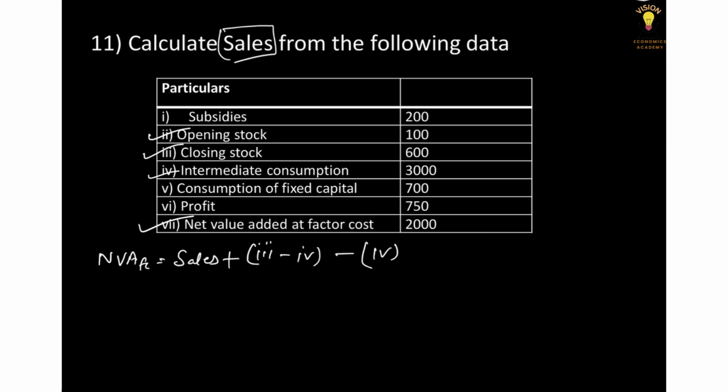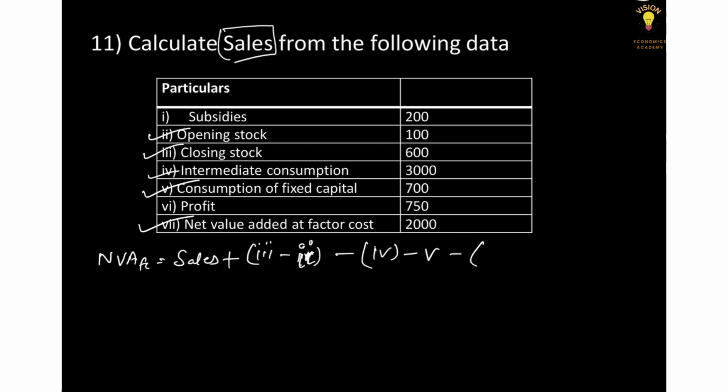Sorry, here opening stock is 2. Okay, opening stock is 2. All right, now intermediate cost is 4, and then we have already achieved our GVAMP. Then from GVAMP minus depreciation, that is consumption of fixed capital, then minus net indirect taxes.